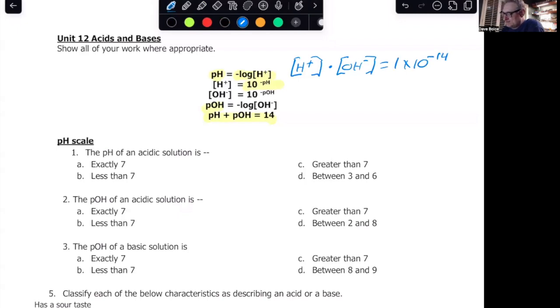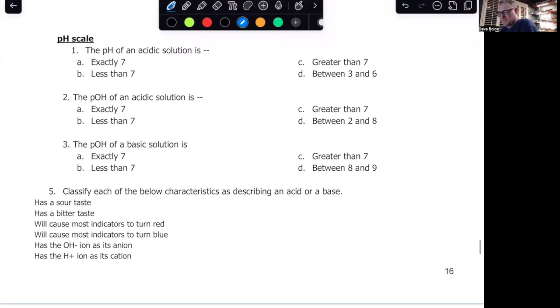And as long as you have either H+ or OH-, you can rewrite this equation to solve for one or the other. So this is the kind of thing you probably want to write on your note card. And if you made it this far, you'll probably have one, so that's great. Let's go ahead and get started.